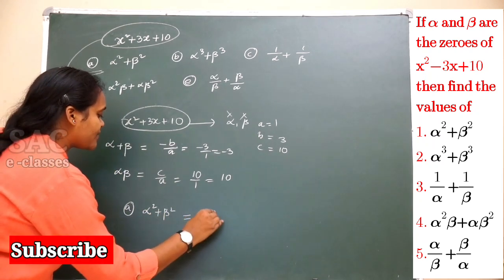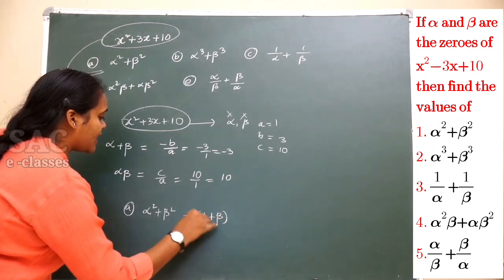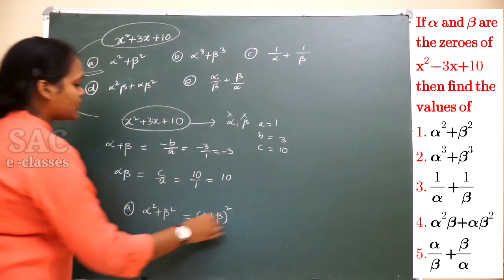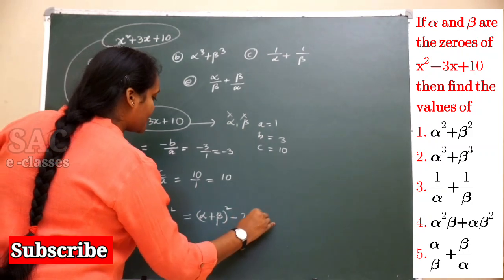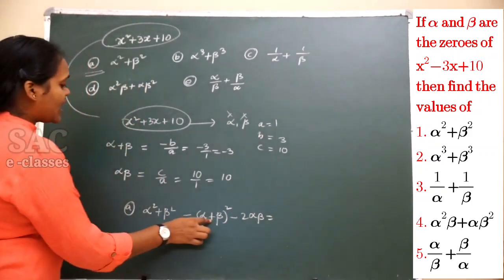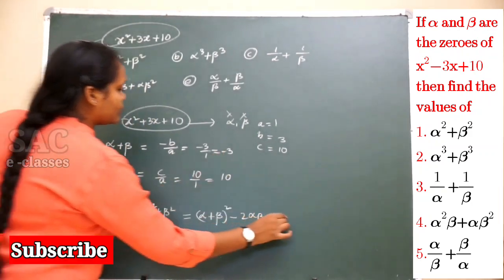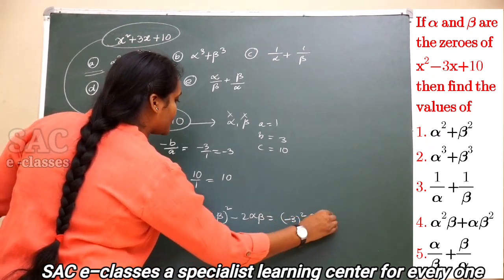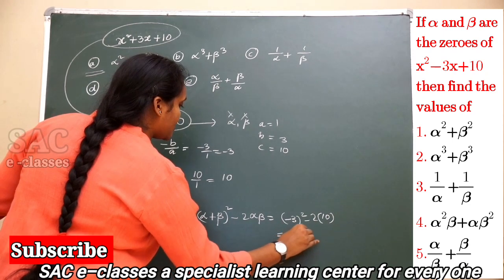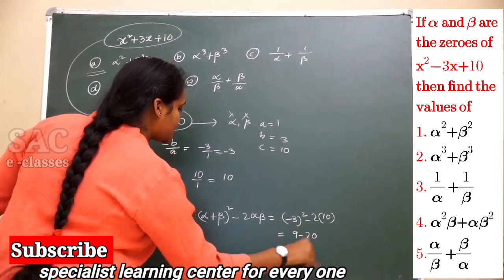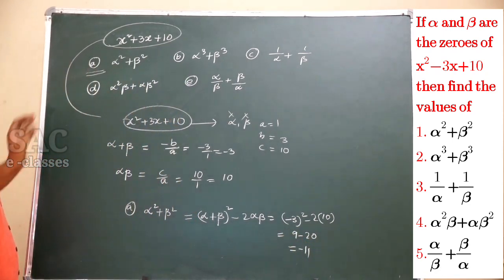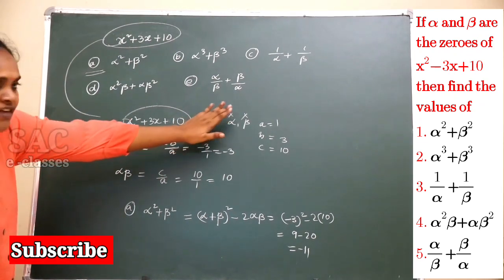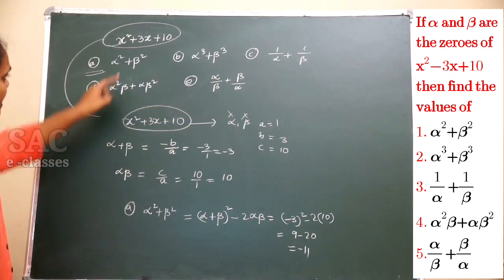It can be written as alpha plus beta whole square minus 2 alpha beta. What is the alpha plus beta whole square value? Minus 3 whole square minus 2 into the alpha beta value 10. So 9 minus 20, minus 11 is the answer. Without actually finding alpha and beta, we are finding the required value.